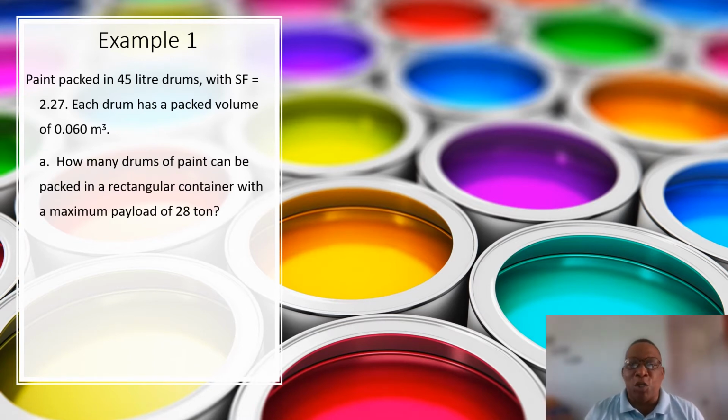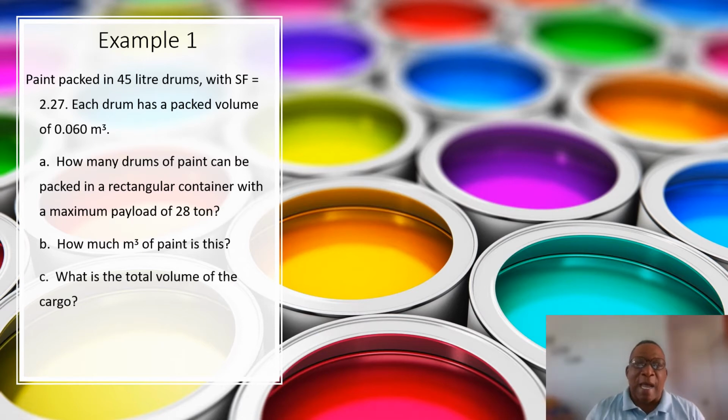A. How many drums of paint can be packed in a rectangular container with a maximum payload of 28 tons? Also, for B, how much cubic meters of paint is this? And C, what is the total volume of the cargo?